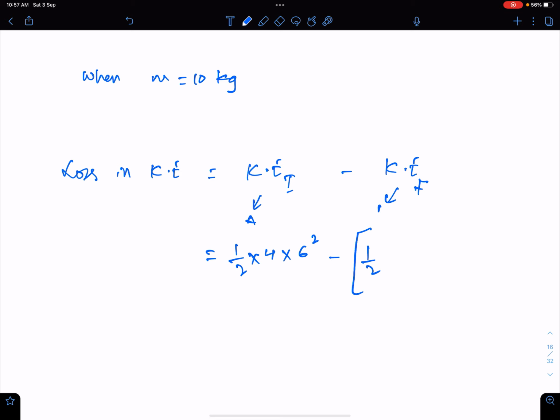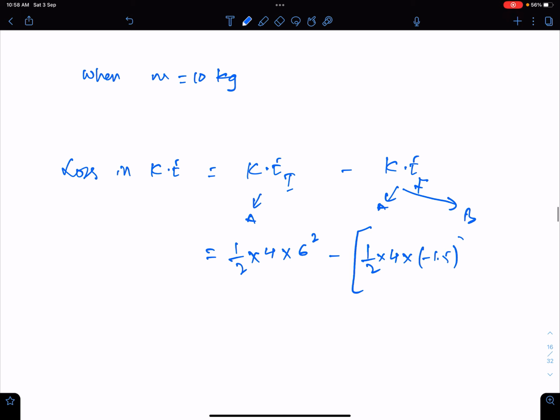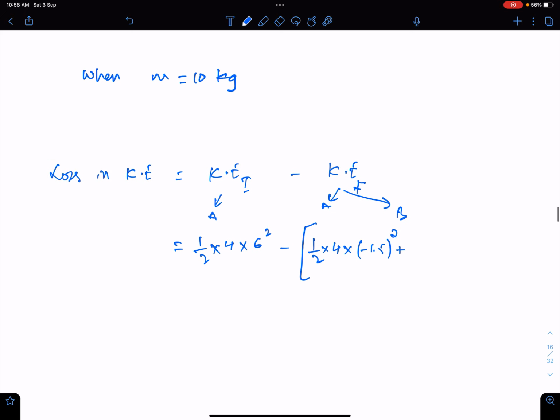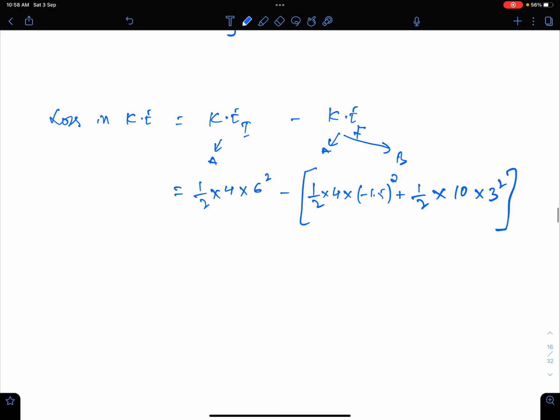Now minus the kinetic energy of both, because both were moving after the collision: half into mass 4 and its velocity after the collision is minus 1.5 square, and B, half into its mass, which is 10, and speed 3. So this is 22.5 joules.